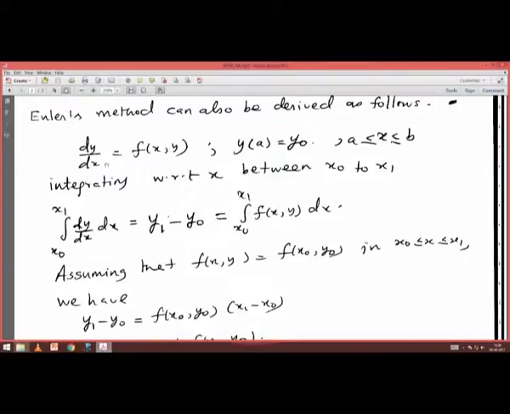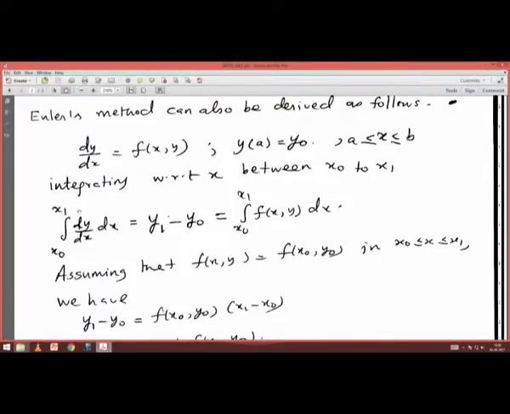I divide the interval [a, b] into a number of smaller subintervals by means of points xi, where xi is x0 plus ih, i runs from 0 to n. So, I start at x0 where the initial condition is given. I move to the next point which is at a distance of h units from here, call it x1. So, I integrate the given differential equation between x0 and x1.